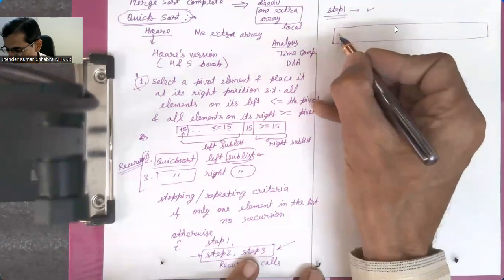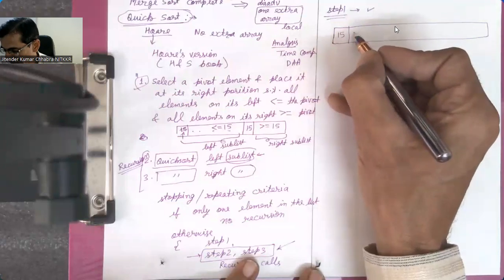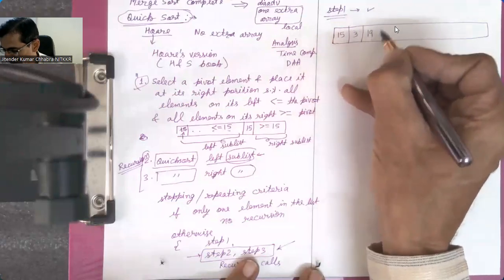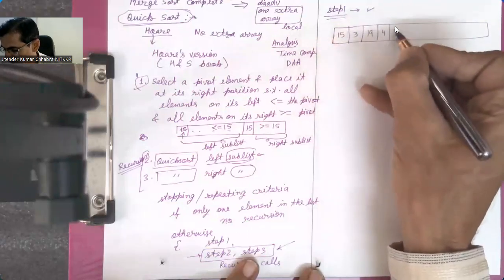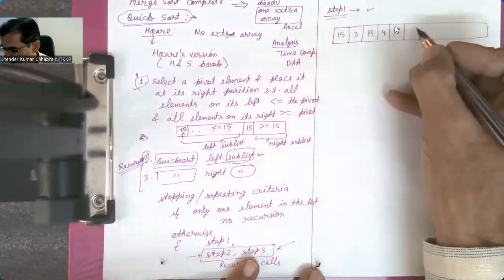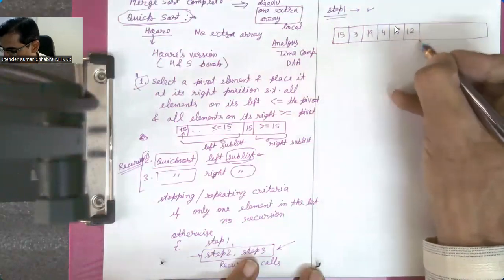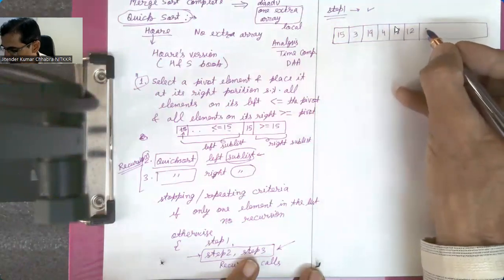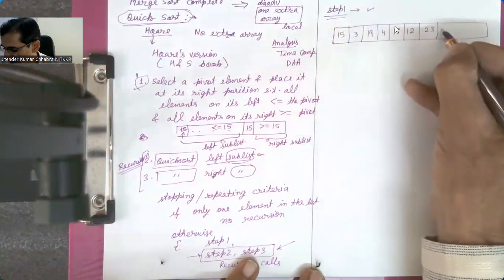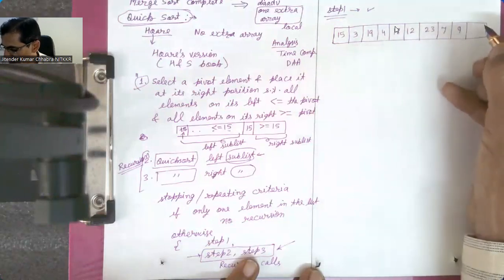I say there is going to be some data, say 15, then I have 3, then I have 19, then I have 4, then I have, let's say, 18. Similarly, I have some more data, let's assume 23, let's assume 12, then I have 23, then I have 7, then I have 9, and then I have, let's assume, 20.